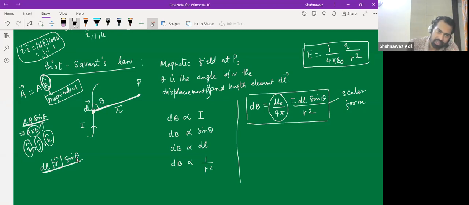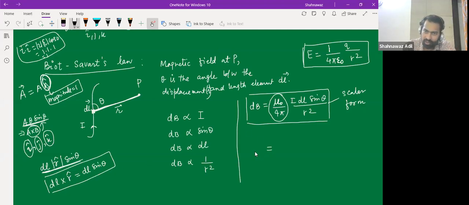Yes, sir. I can write it like this, and then I can write dl cross r hat. So dl cross r hat will be dl into sine theta. Why? Because magnitude of r hat would be 1.